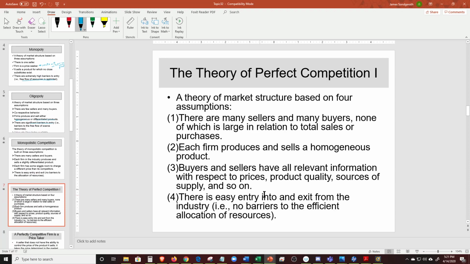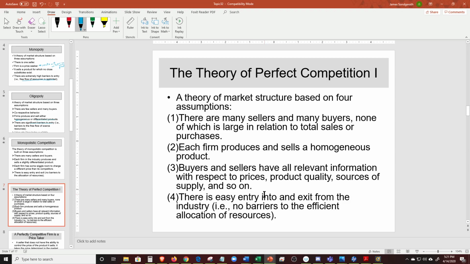And then we have perfect competition: many sellers, many buyers, no one of which is large enough to influence the price. So if any buyer or seller leaves, the price of the product will be basically unaffected. Each firm produces pretty much a homogeneous product.